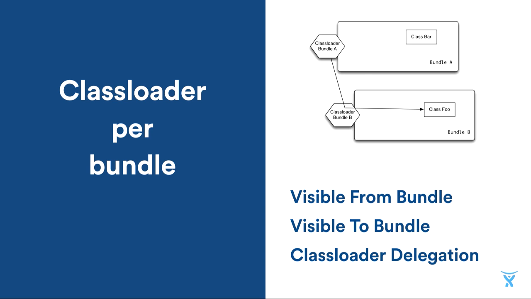So I've already mentioned imports and exports. Imports and exports are the real key to OSGI success. Simply, you sort of say, everything that I want to make visible from my bundle goes into an export section. Everything that you want to see from other bundles, or indeed from the host application, you put in an import section, and OSGI magic makes sure that those classes can be visible at runtime, okay?